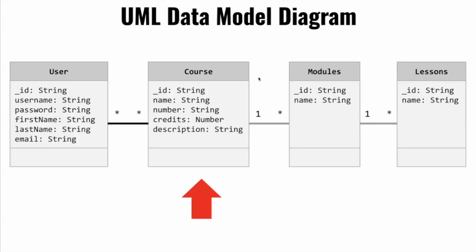These are some of the fields of interest, along with how each of these instances of users and courses are related to one another. We know that between a user and a course, there's a many-to-many relationship. Many users are enrolled in many courses. Also, there's a one-to-many relationship between a course and a module. For each course, there are several modules. And there's also a one-to-many relationship between one module and several lessons.